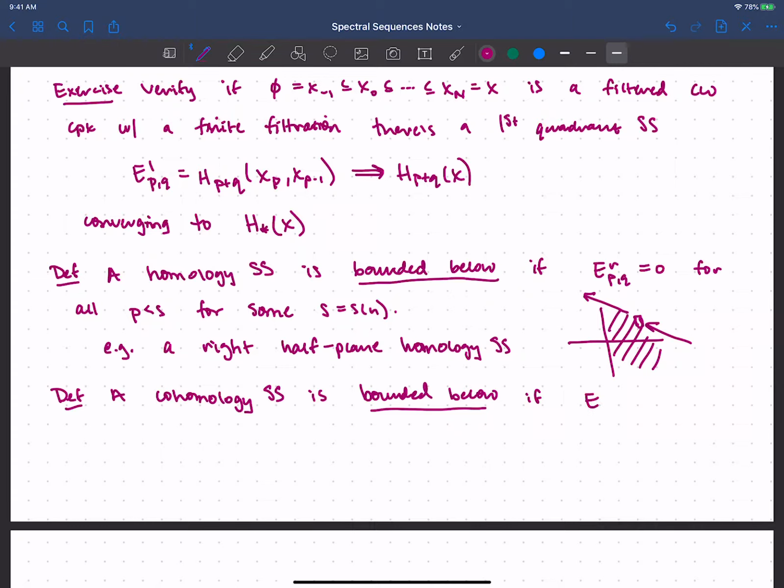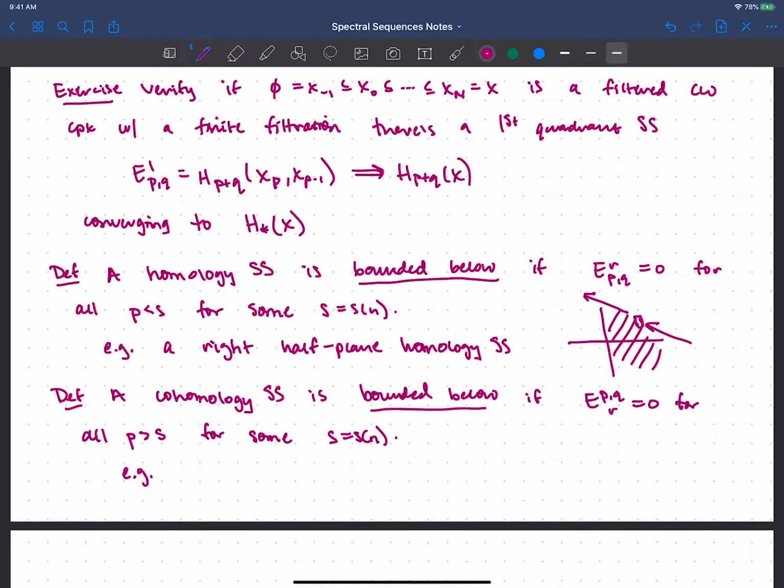Well, I still want to say that on the rth page, some p,q terms vanish. Well, what do I want that to be? I want these to be 0 for all p greater than s. And again, this is really for some r and for some s, which might depend on n.